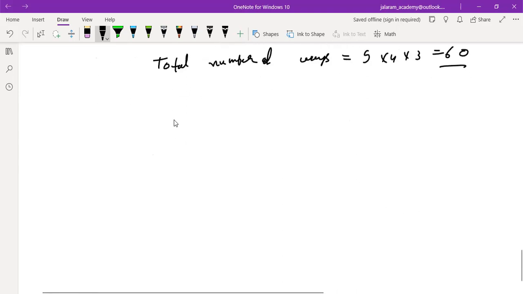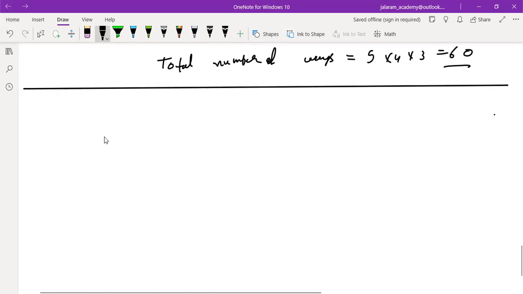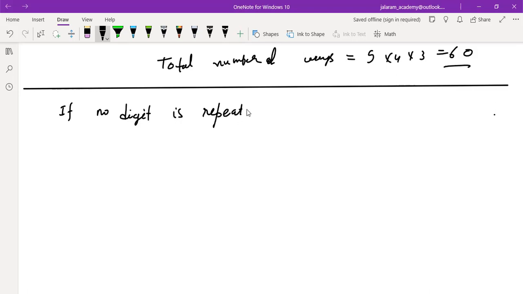Okay? Now, how do we form a formula? Now we will discuss how to create a formula using this concept. So we write: if no digit, no digit or no object.